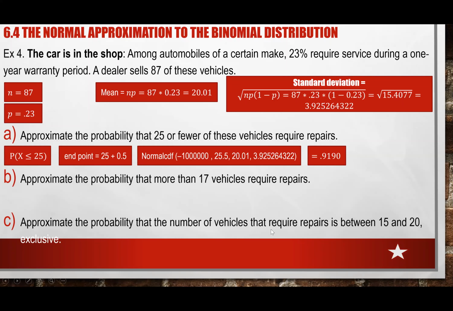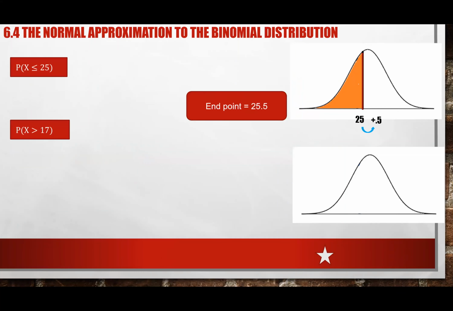Yes. That's good. And similarly, looking at this one, approximately more than 17 vehicles have to come back for repair. More than 17, this does not have an equal sign. It just says X is bigger than 17. So similarly to the previous problem, we go in and sketch our normal curve.